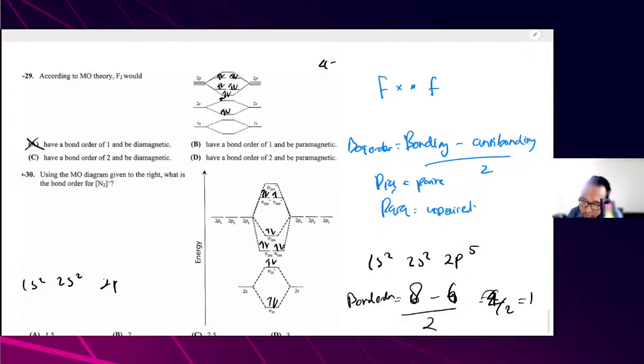Because in this case it is adding 1 electron, right? Put it over here, 1. Okay, that's true.